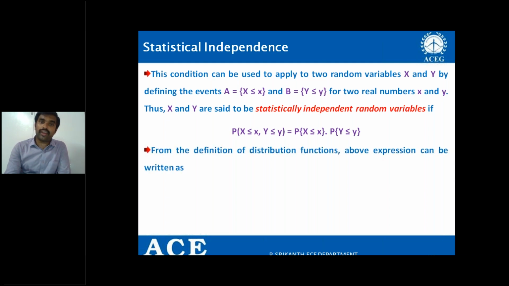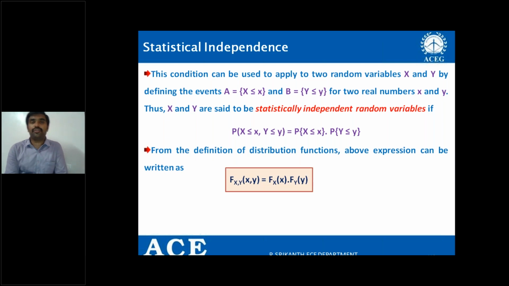Or you can also write in terms of distribution functions. If the joint distribution function F of X,Y of x,y is equal to F of X of x into F of Y of y, that is, if the joint distribution function is equal to the product of marginal distribution functions, then you can say the two random variables are statistically independent.